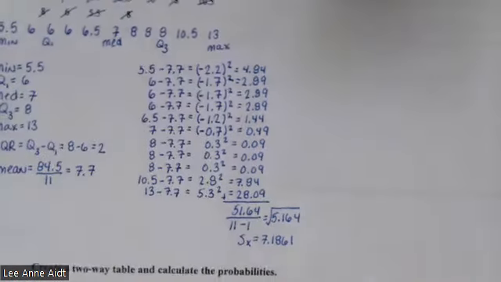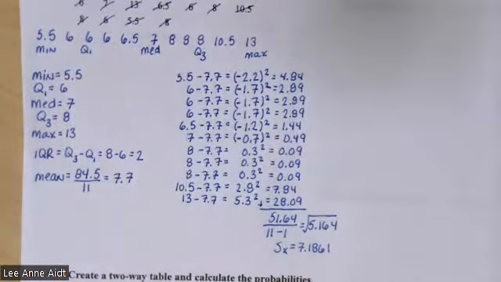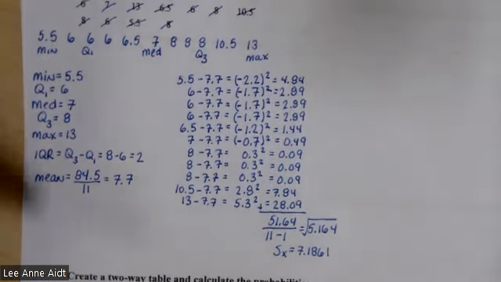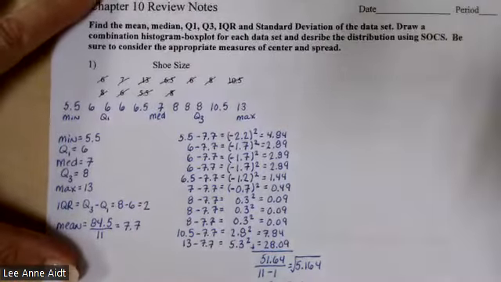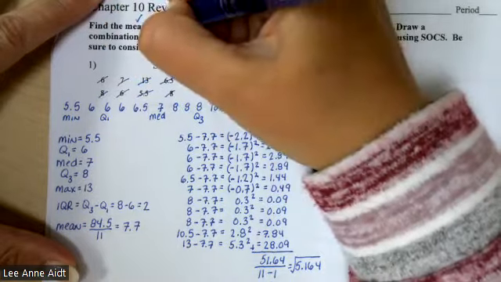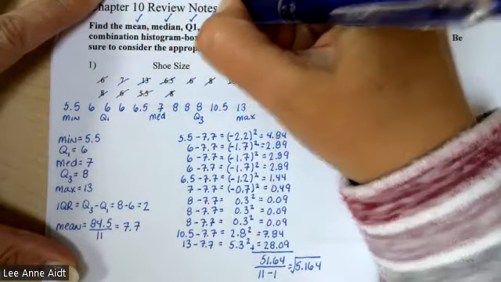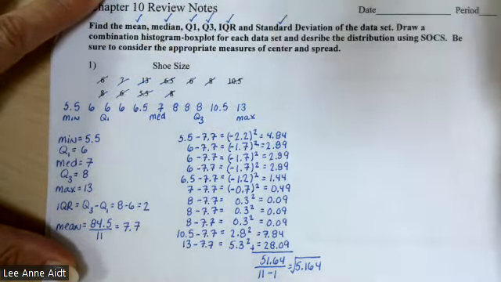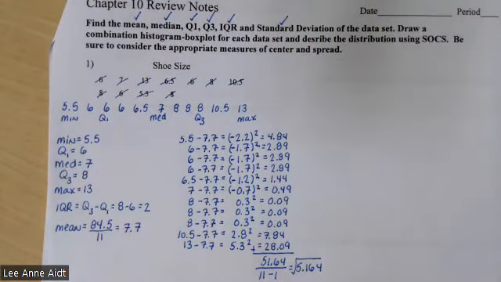Okay. All right, all that stuff is done. Did I check off all the things up here? Mean, median, quartile 1, quartile 3, IQR, standard deviation. Okay, now I have to do the graph.